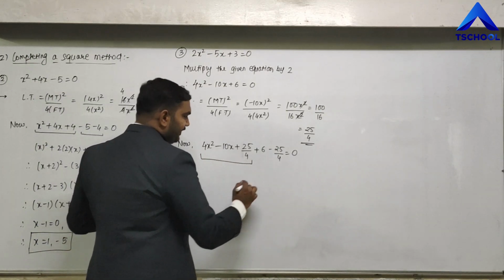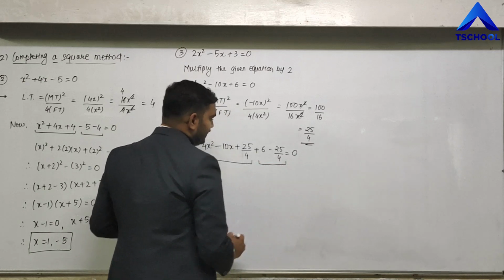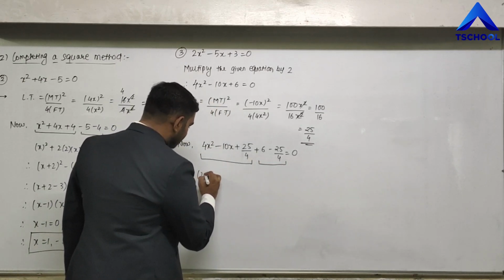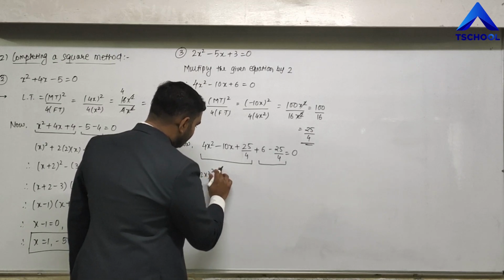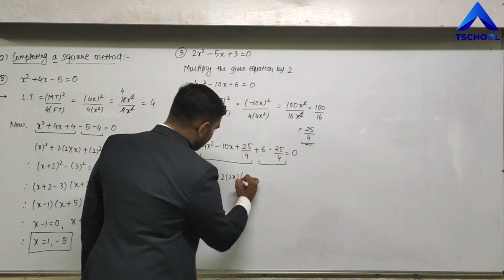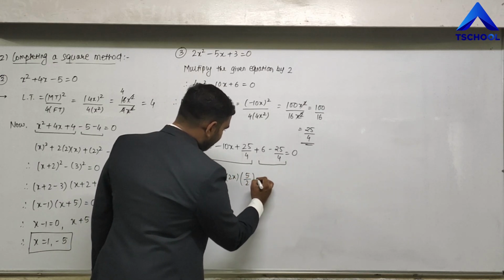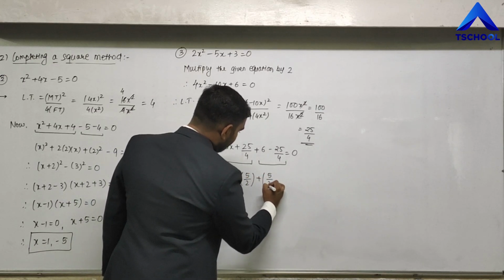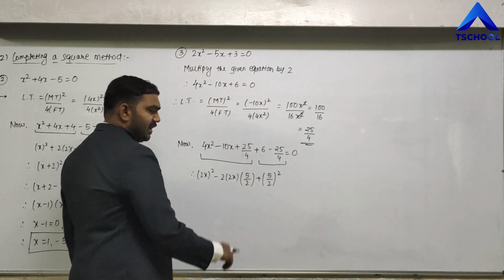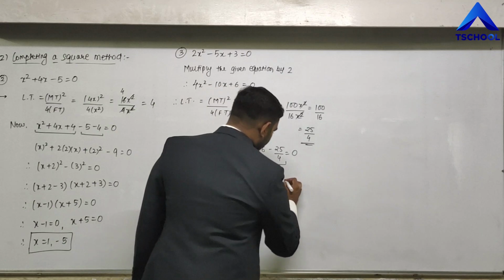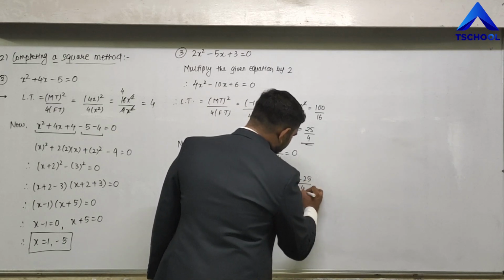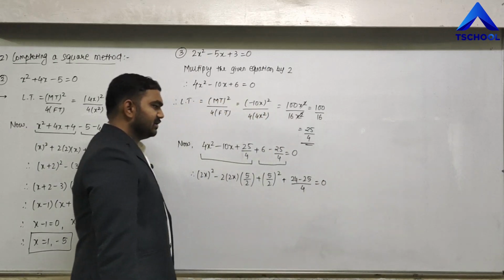So again, this will become a perfect square and this is the constant term, right? Therefore we can write it as 2x whole square minus 2 into 2x into 5 by 2 plus 5 by 2 whole square. This 25 by 4 can be written as 5 by 2 whole square, plus 24 minus 25 by 4 is equal to 0, right?